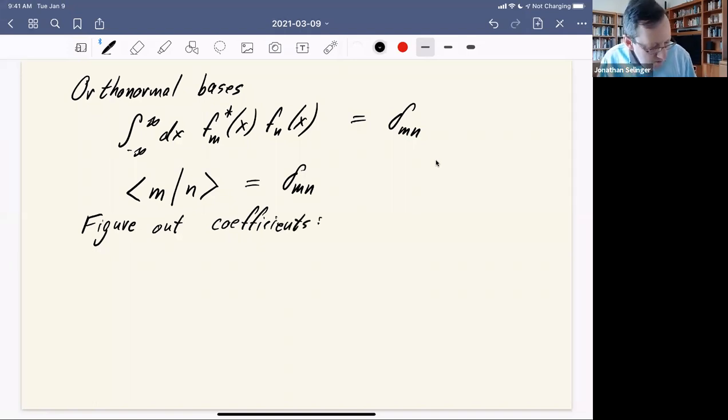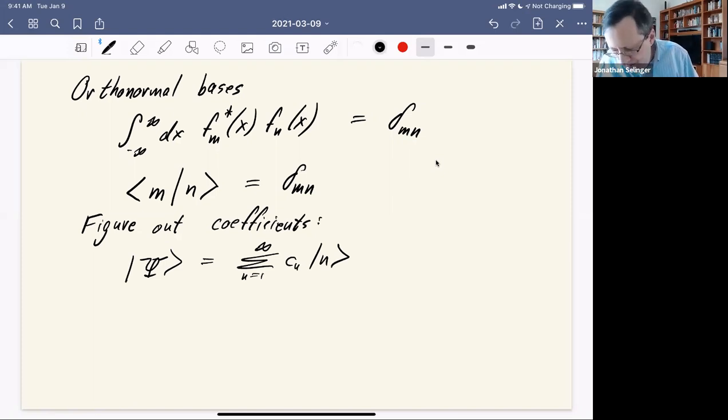If we have that psi is some sum of Cn times the ket n, and we want to know what these coefficients are, we could let the bra m act on both sides.